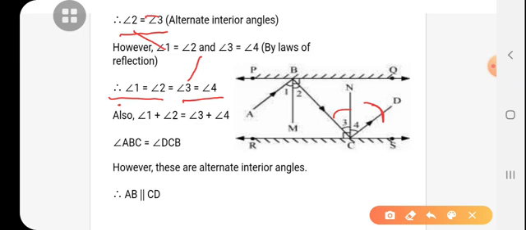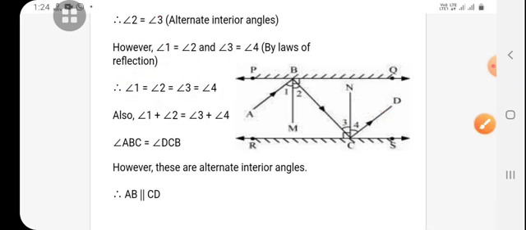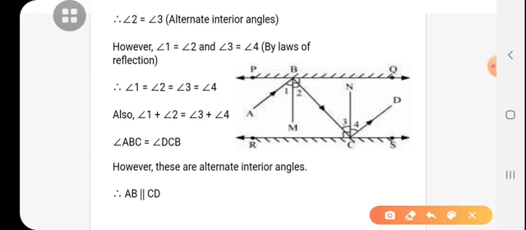And as angle 3 is equal to angle 4, we can say that all the angles are equal. It means angle 1 is equal to angle 2, angle 2 is equal to angle 3, and angle 3 is equal to angle 4.